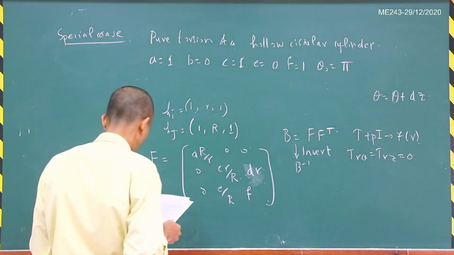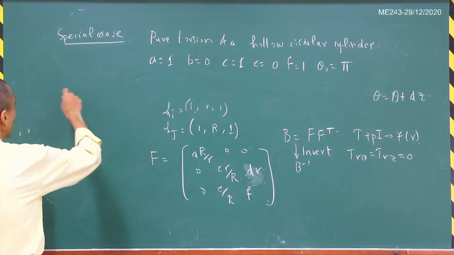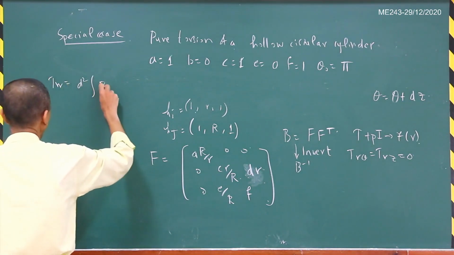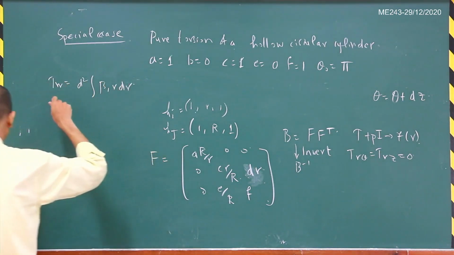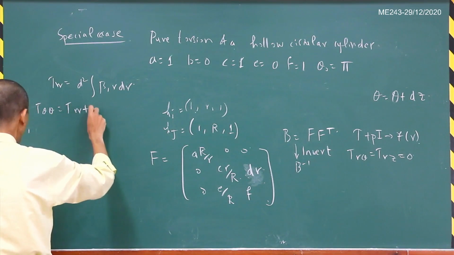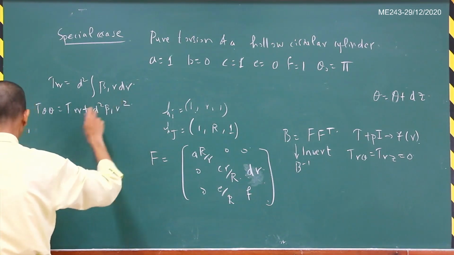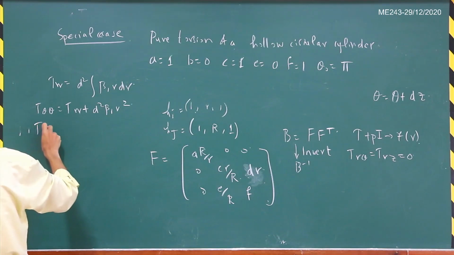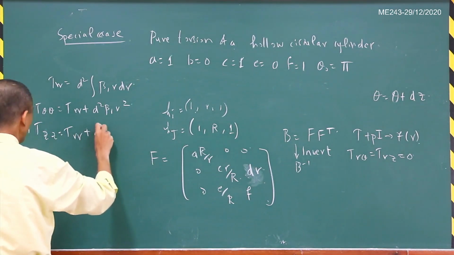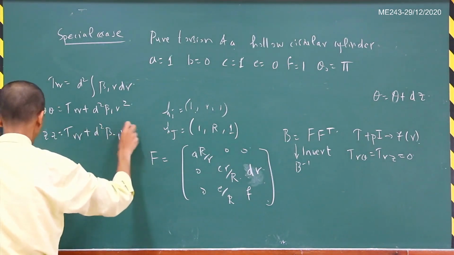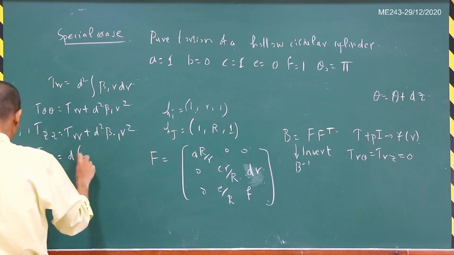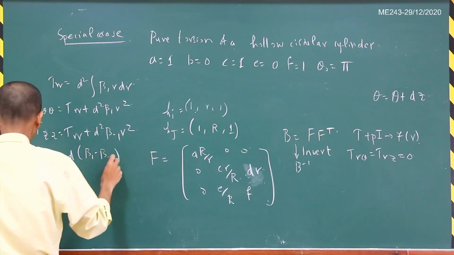So let us look at the stresses that you get in this particular case. You get tau r is d square integral of beta 1 r times dr. Then tau theta theta is equal to tau r plus d square beta 1 times r square, tau zz is equal to tau r plus d square beta minus 1 times r square, and tau theta z is equal to d times beta 1 minus beta minus 1 times r.